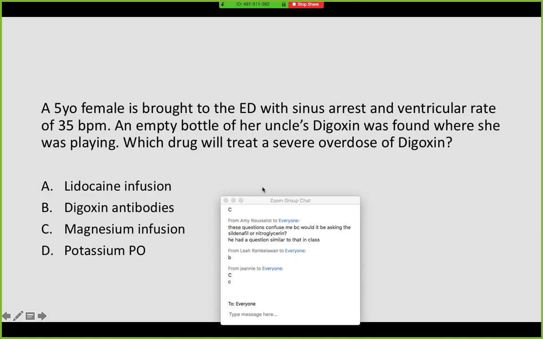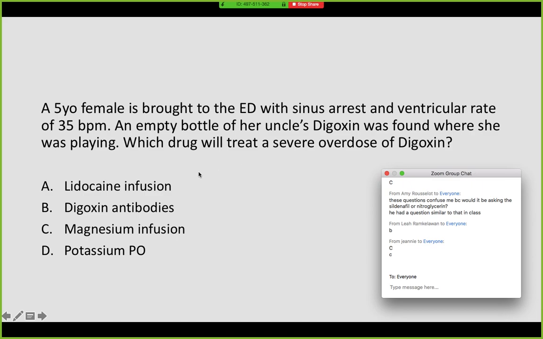Okay, you have a 5-year-old female brought to the ED with sinus arrest and a ventricular rate of 35 beats per minute. A bottle of her uncle's digoxin was found where she was playing. Which drug will treat a severe overdose of digoxin?